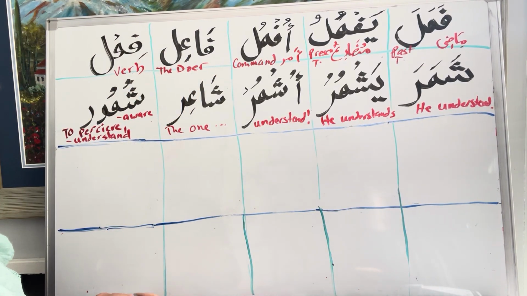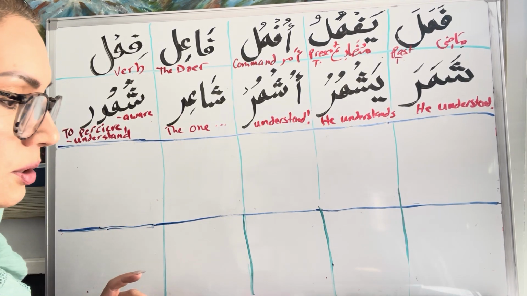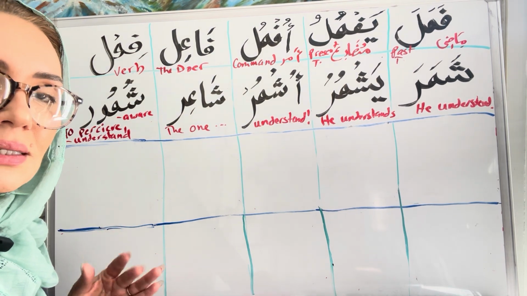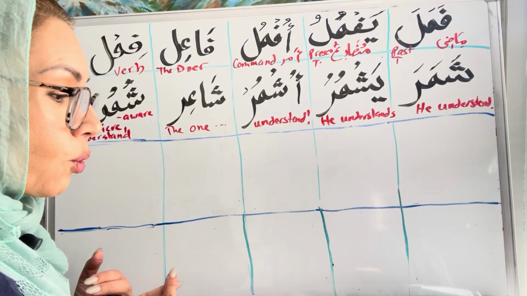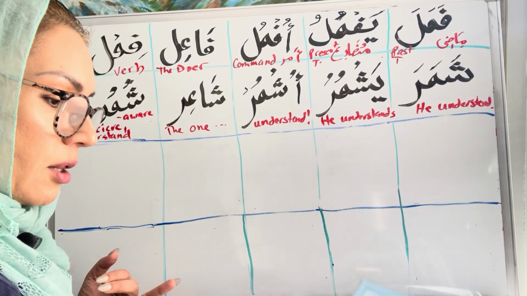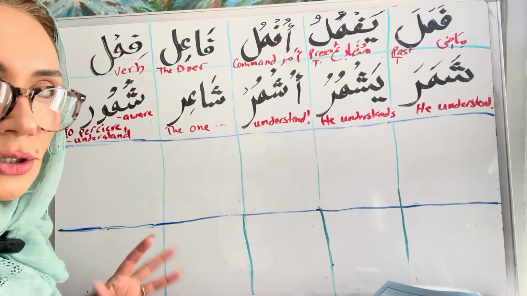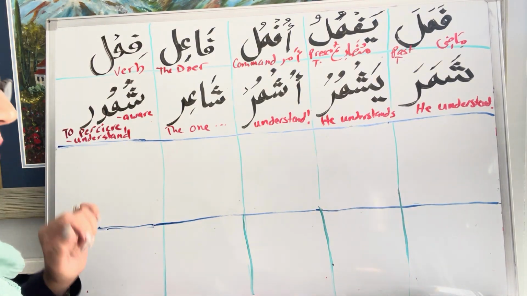Okay. Sha'ara, yash'uru, ush'ur, sha'ir, and then shu'ur. If you guys notice, the last one, on a few of the words that we did so far, it falls on the same pattern again. The same pattern meaning it's the same sound. Like we did sujud, shu'ur, and then khuruj, khulud, dukhul. You see how they're all sounding the same because they all fall on the same pattern for the verb.